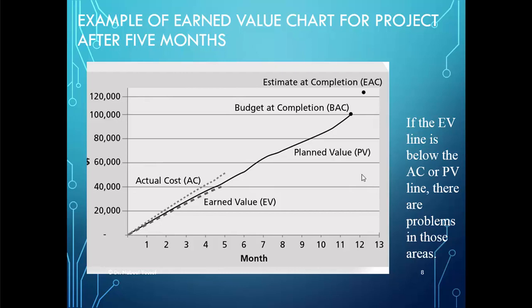As you can see, we have the actual cost up here, the earned value down here, and this is the planned. So if we have a planned value that's way above or way below the earned value or the actual cost, then we have a problem. This is one of the techniques or tools that we use to monitor the cost within the project.